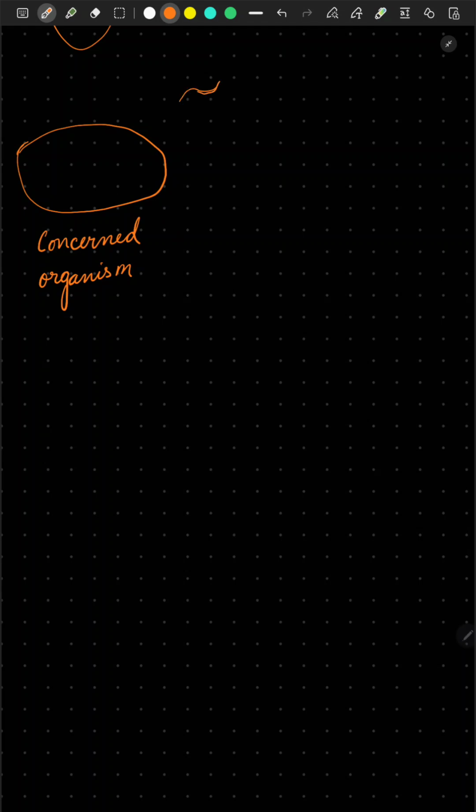Suppose this is its gene, this is the DNA of this organism. Now it does not have the specific gene that can make a protein. So this gene cannot make a protein.